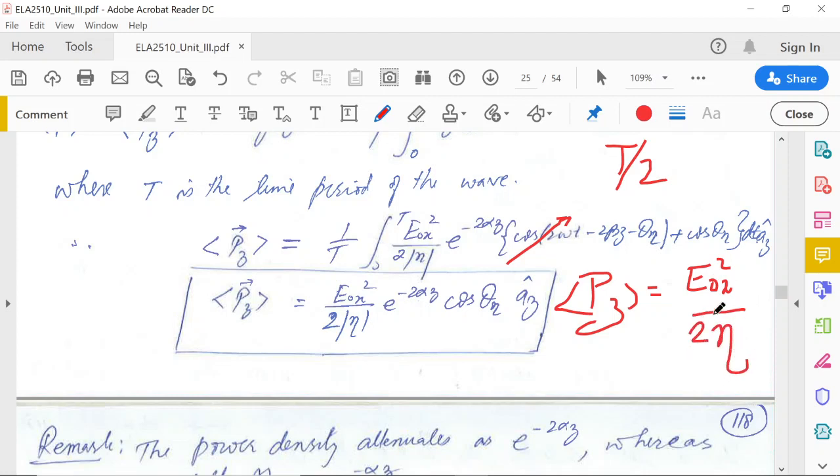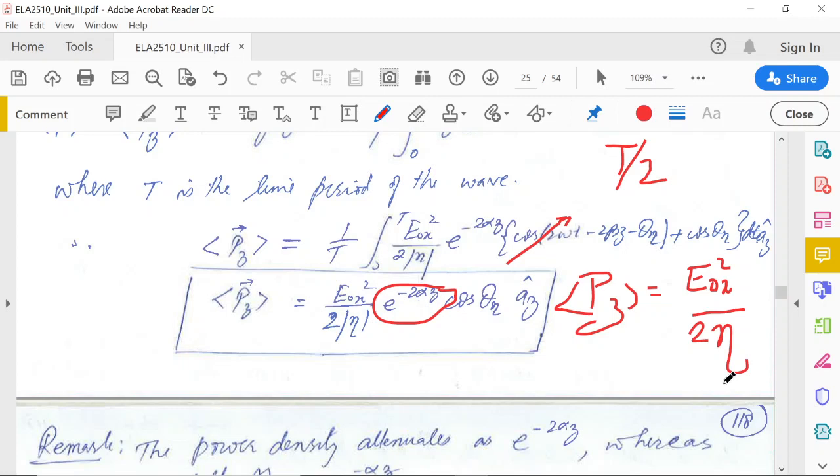Eta is a real quantity, and α will also become 0 as it is lossless. So attenuation will be 0 and this exponential term will become 1. So you have just E0x squared over 2η for the lossless dielectric, or in free space also, because free space is a very good dielectric and there the conductivity is 0.